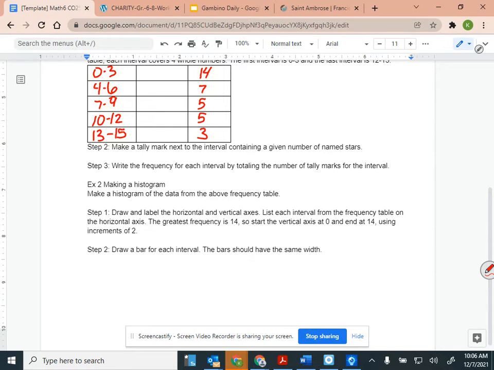So first thing to make the histogram, you have to do your frequency table. Then we're going to draw and label our horizontal and vertical axes. So I'm going to do it right over here. So remember those two axes that we always have.